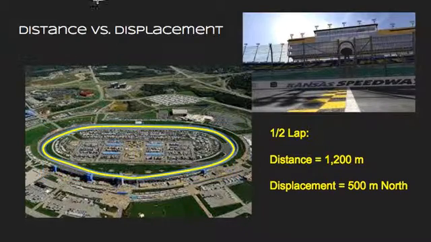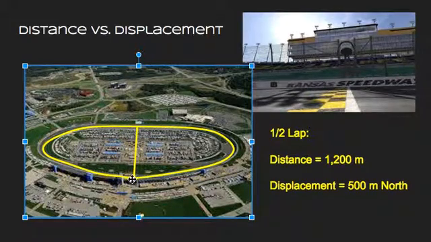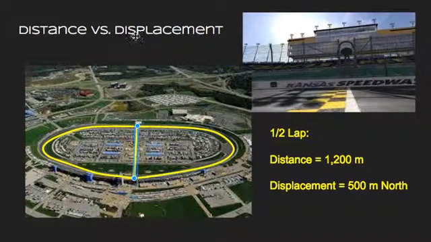Let me draw a little line just to show what I'm trying to say, from here to here. That would be a distance all the way around of 1,200 meters, and the displacement would be 500 meters to the north. So I would need to actually state that. Let me put a little arrow end on there, from here to here. Okay.